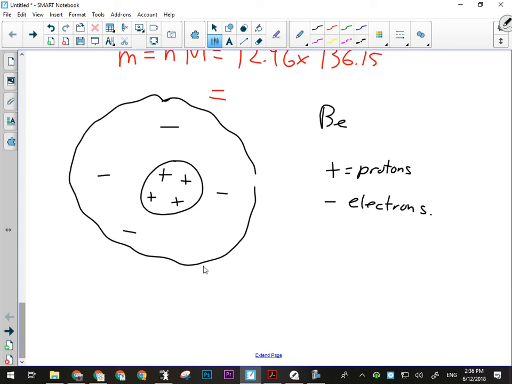I'm still missing neutrons. How do I figure out how many of those there are? Exactly. I take the atomic mass and I subtract the atomic number. So I take 9.01 and I subtract 4. That means it's going to be 5 neutrons.